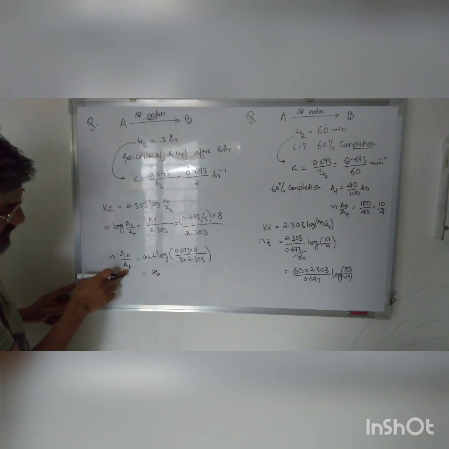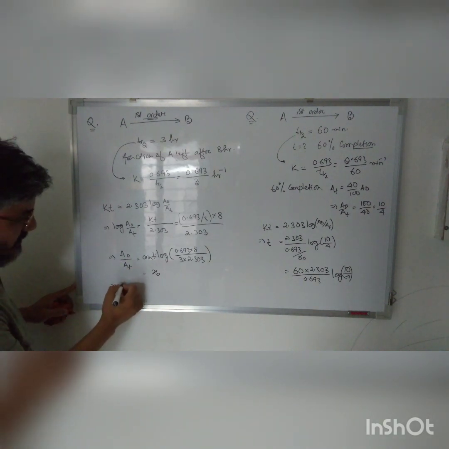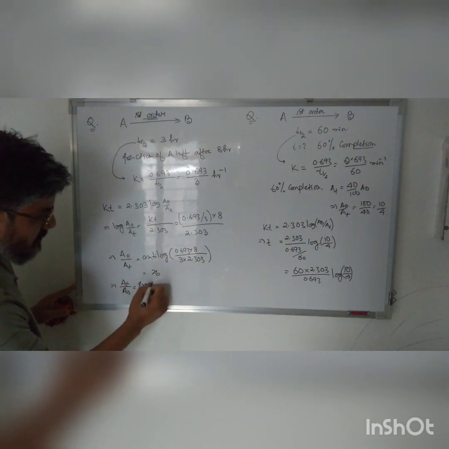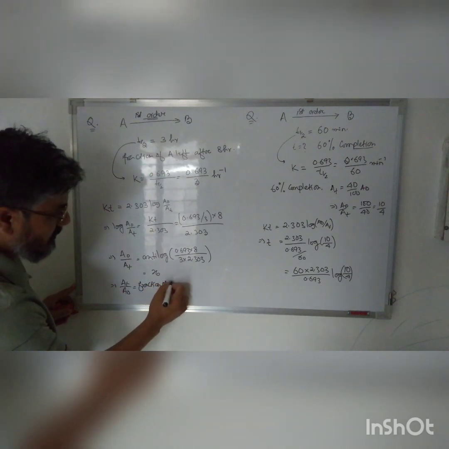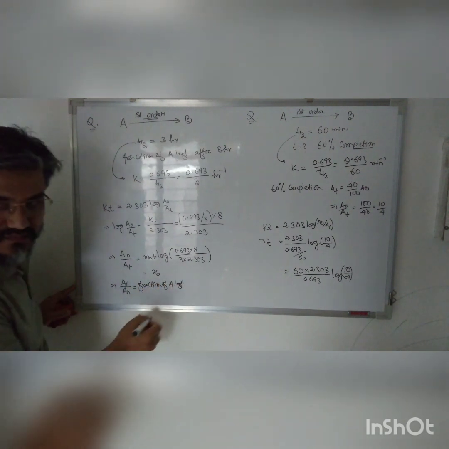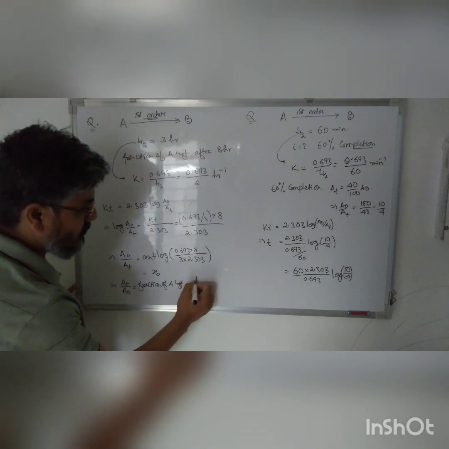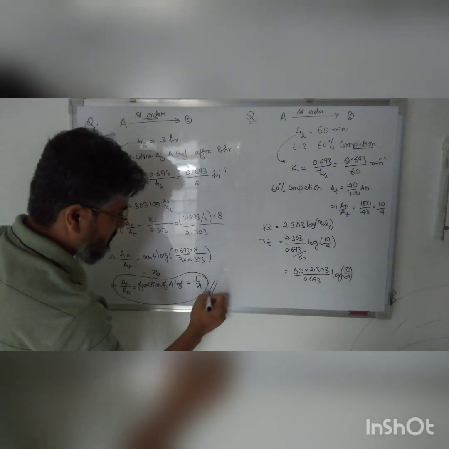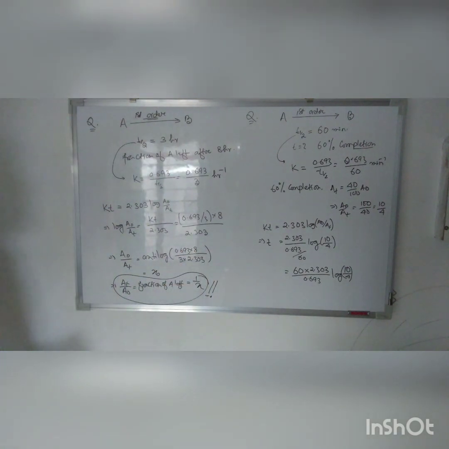This is the amount of A left after time t. This is the initial amount. So therefore the fraction left is A by A naught, which is equal to 1 by 8. So this is how to use the integrated equation for solving numerical problems.